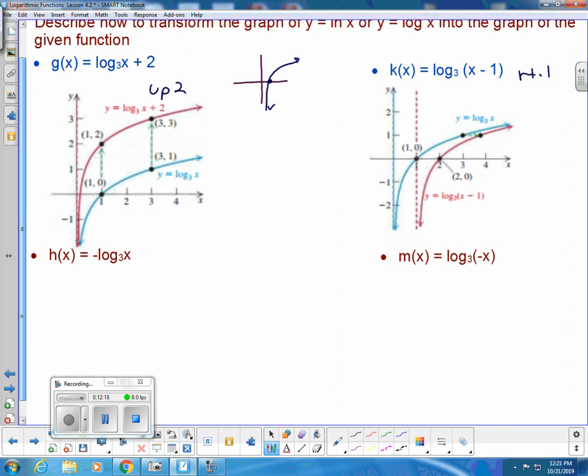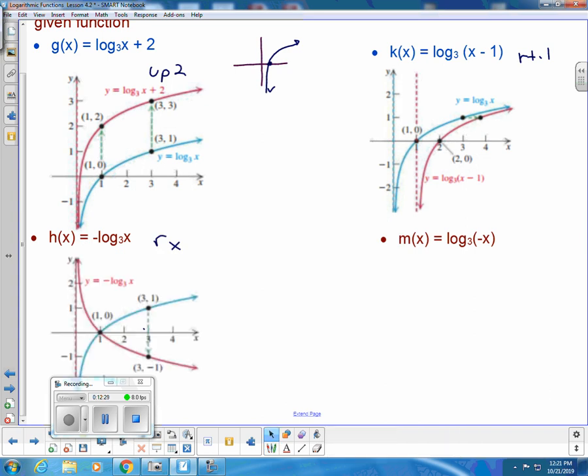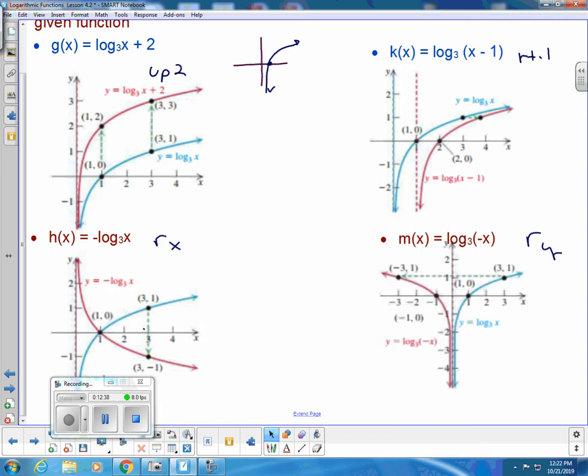Okay, the one down here on this bottom left, negative out front over the x. Good. And if you have a negative in with the x, it's a reflection again over the y in this case. Those transformations are the same no matter what function they're applied to.